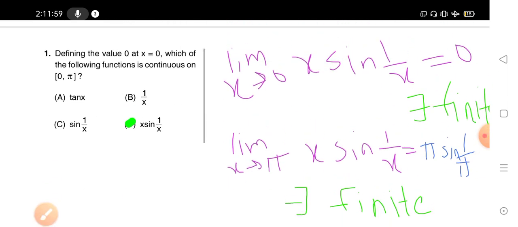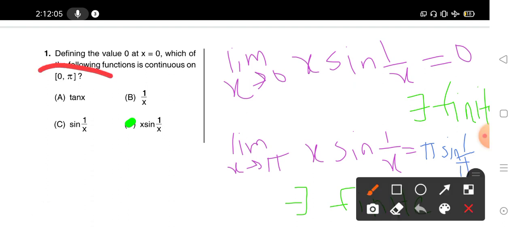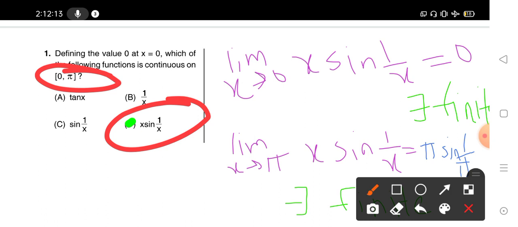Next question. Defining the value 0 at x equal to 0, which of the following functions is continuous on [0, pi]? Here one result: the limit exists at 0 and pi in option C. Option D: here the limit as x tends to 0 of x sin 1 upon x equals 0.